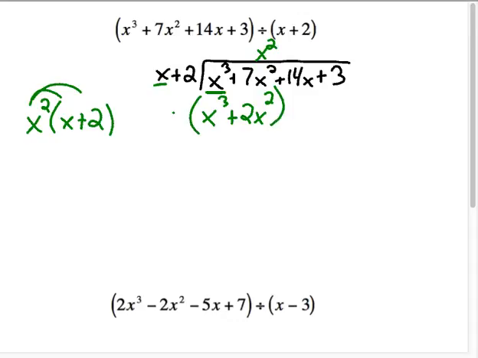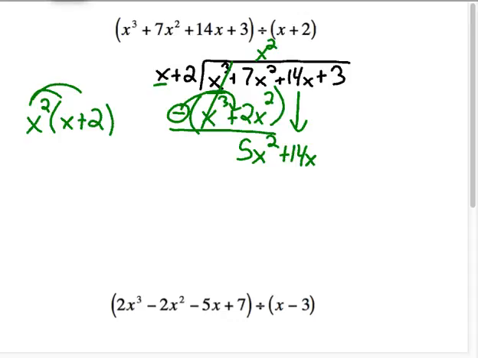So I'm going to take this and I'm going to subtract it off to see what we're left with. How close did we get? The first thing, once again, should always cancel. All right. Then we have 7x squared minus, remember that minus influences that, so minus 2x squared is going to leave us a 5x squared. Then we pull down the next piece.